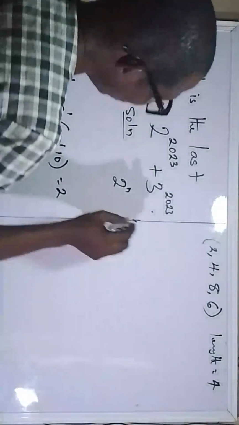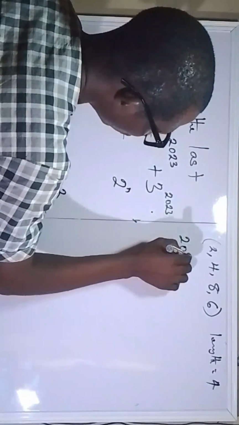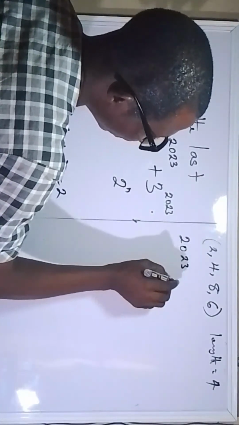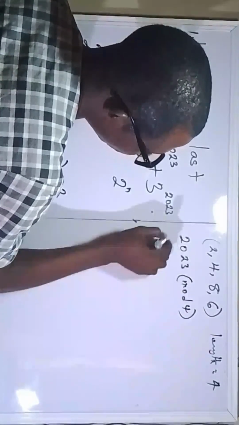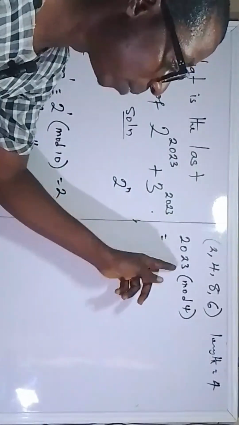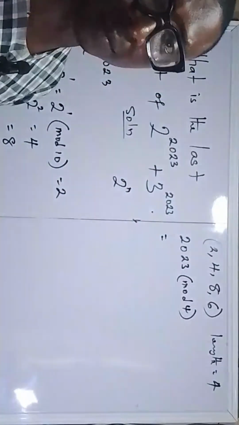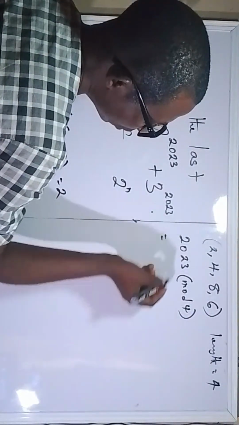So we have 2023 in mod 4. So what is going to be the answer? All we need to do is divide this by 4 and get the remainder. When you divide 20 by 4, you have 5.